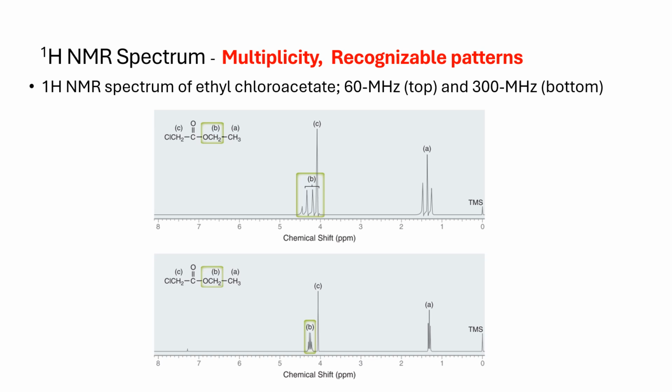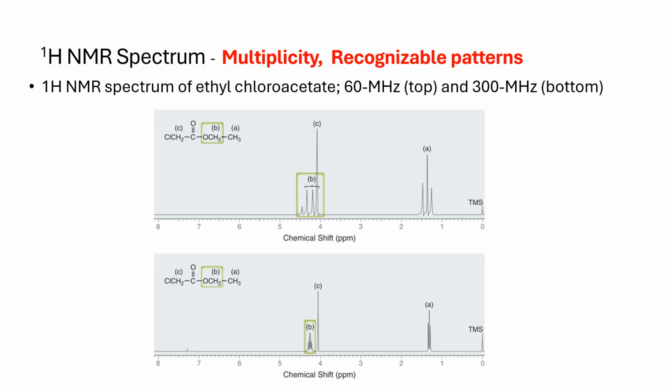These are signals that might be resolved or not. Notice here signal A, that is methyl, and a little bit downfield, it shows as a triplet because it's next to hydrogens type B. These are 2, so that's why it's a triplet. The following here, methylene, notice is deshielded by the chlorine and also next to a carbonyl.